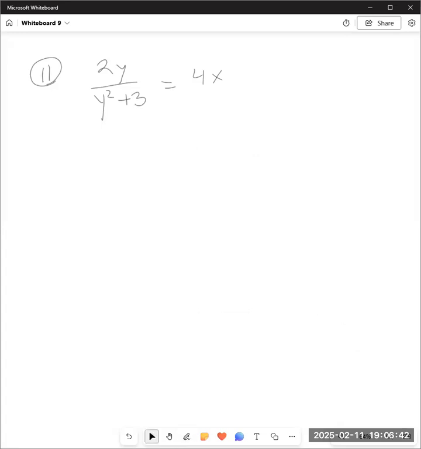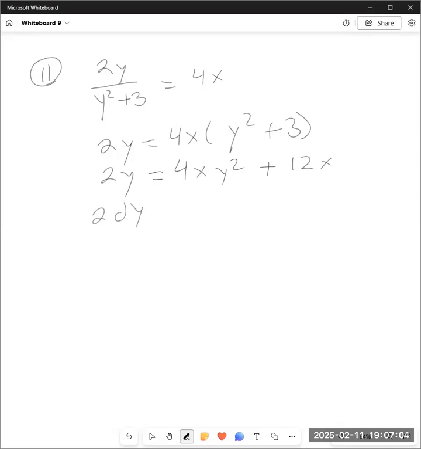So they said that they were going to turn this into 2y equals 4x times (y squared plus 3), which is 2y equals 4xy squared plus 12x. And then we can take the derivative implicitly. 2 dy/dx is equal to 4y squared plus 8xy dy/dx plus 12.